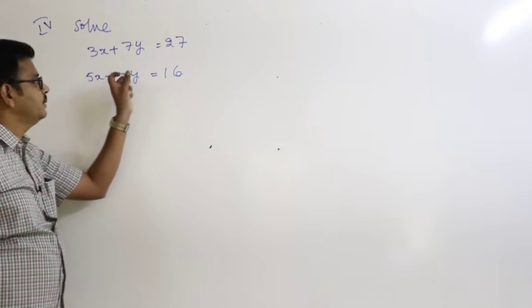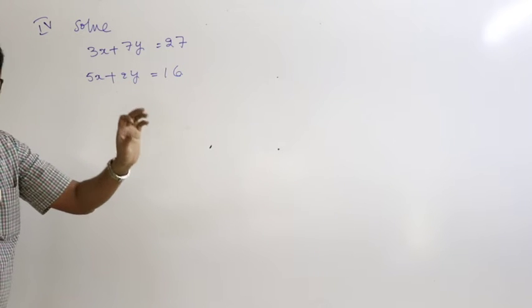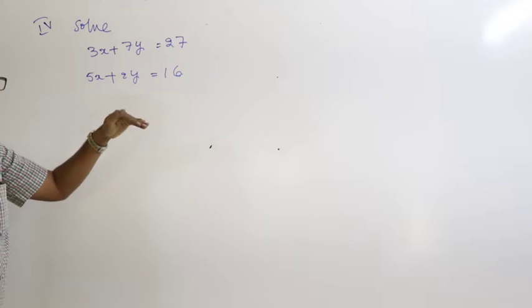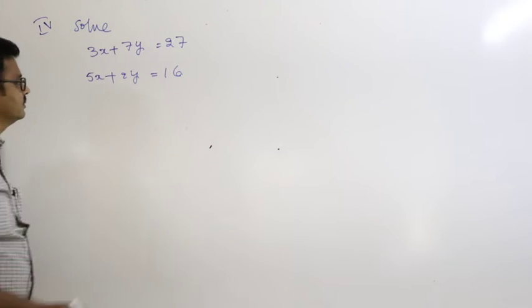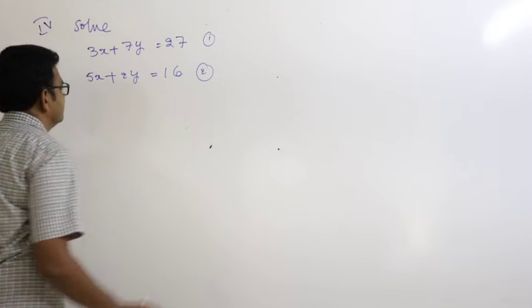There are 2-3 methods for solving the equations. First one is elimination process. I want to discuss in detail. So this is the first one and this is second one.